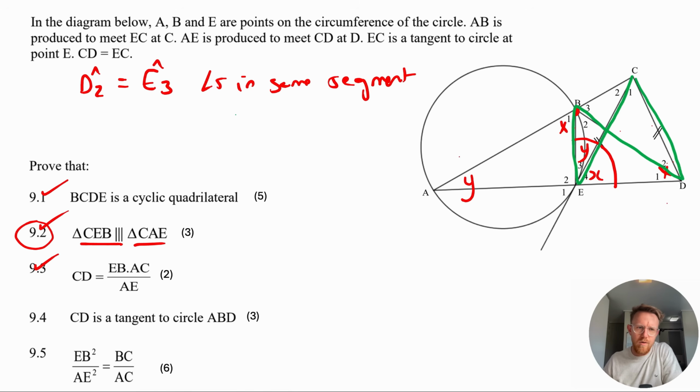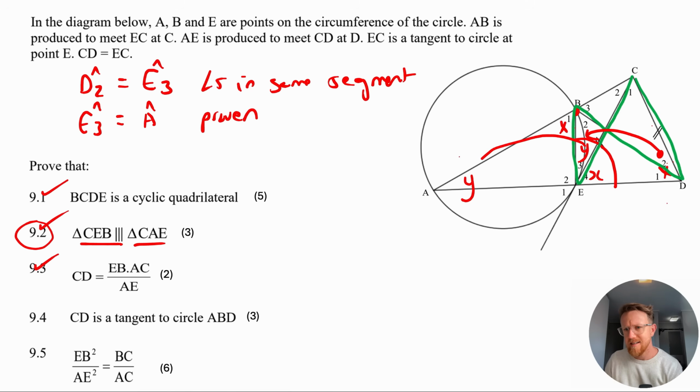And so then we also know that E3 is the same as angle A. We've already proven that, so we can just say that E3 is the same as angle A, and that's already been proven. And so can you see what we've now done? We've just shown that this is the same as that, and that is the same as that.